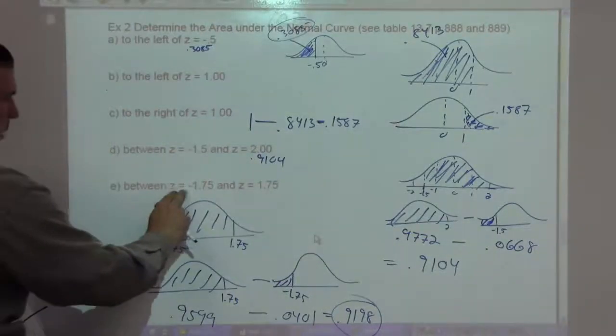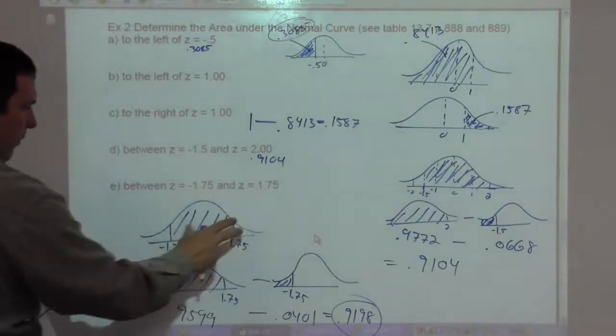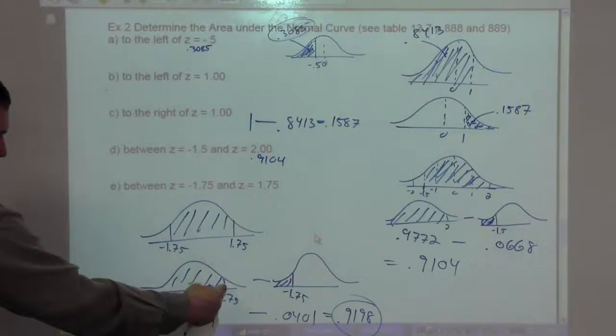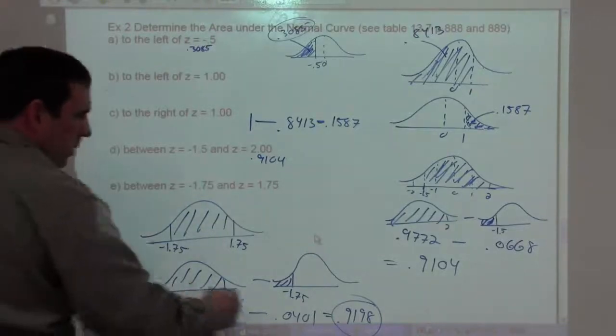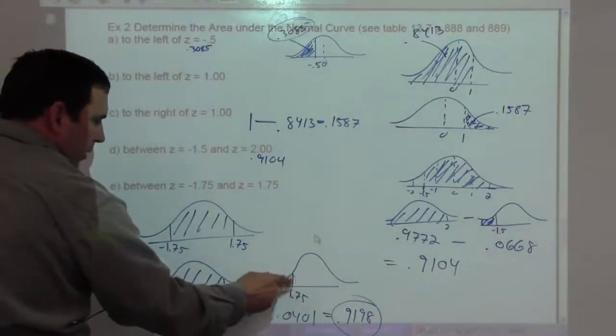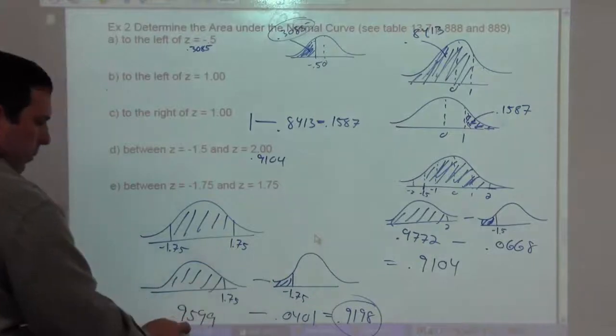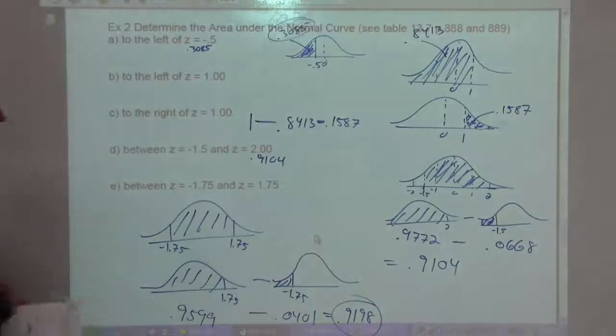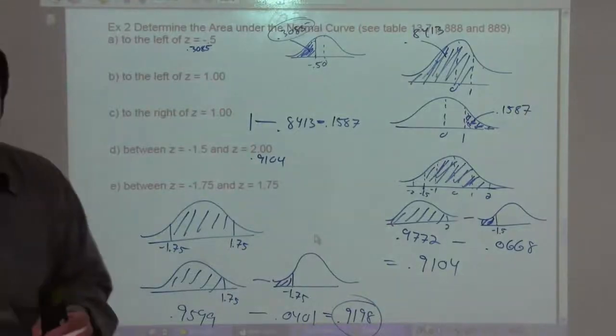So the area between negative 1.75 and 1.75 is the area to the left of 1.75, minus the area to the left of negative 1.75.